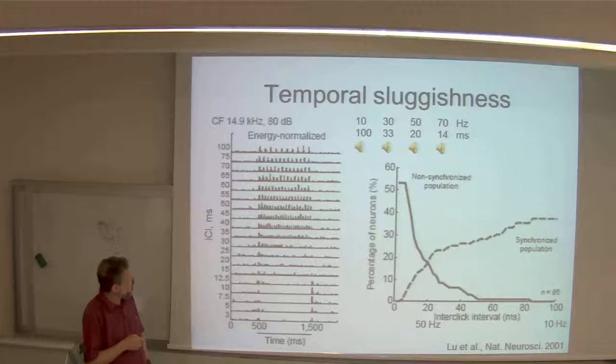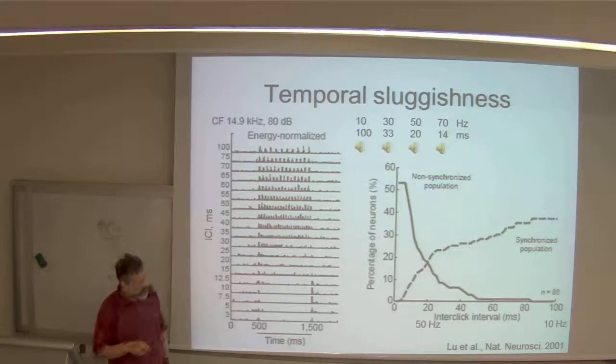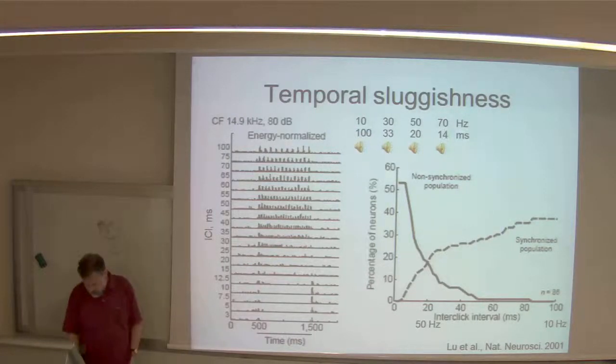where they tested the ability of neurons to follow sequences of clicks. So the rate is given here not in hertz, but in the inter-click interval. So this one corresponds to 100 milliseconds, so this is 10 hertz.